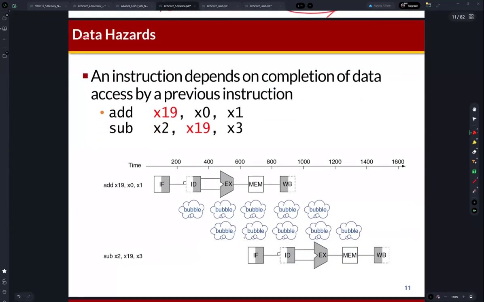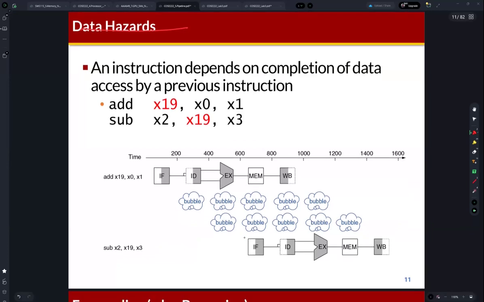And data hazard is important, because the main source of performance degradation because of hazards is caused by data hazards.